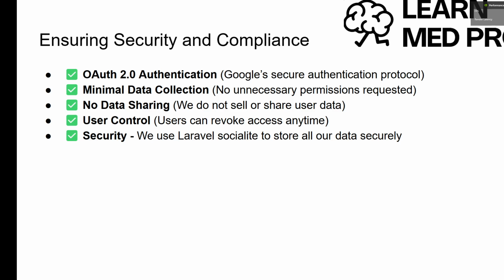We are not sharing our data. We are not selling any data. The users are able to revoke their access anytime and request for their data to be deleted. And for security, we are using Laravel Socialite for our backend to make sure that all data is stored in a secure way.